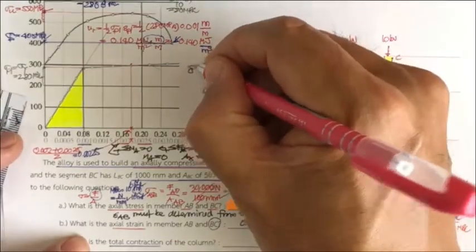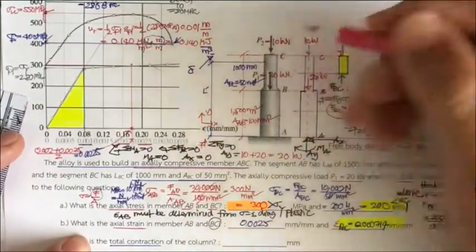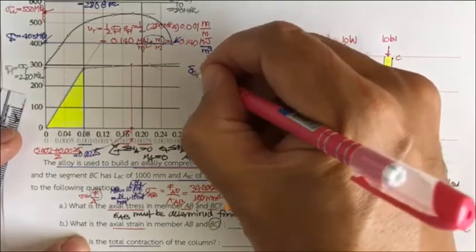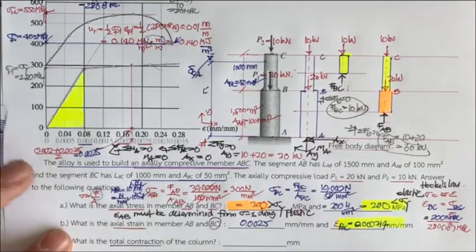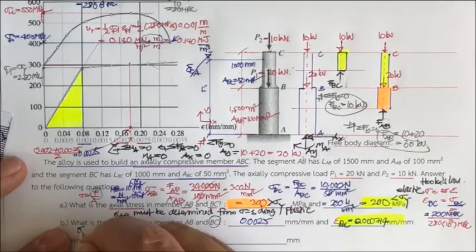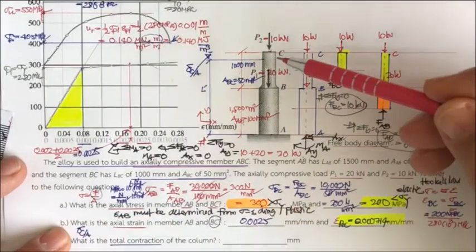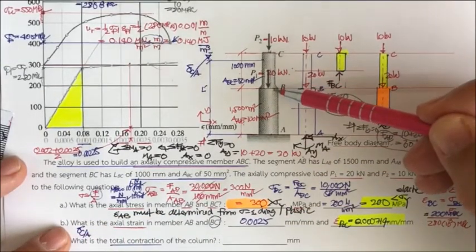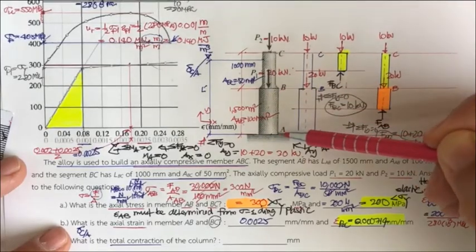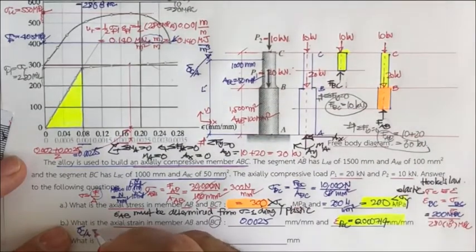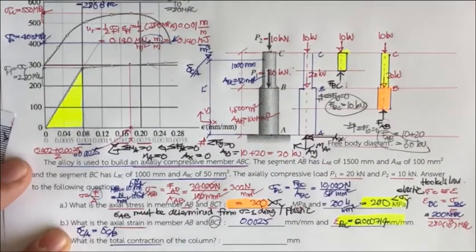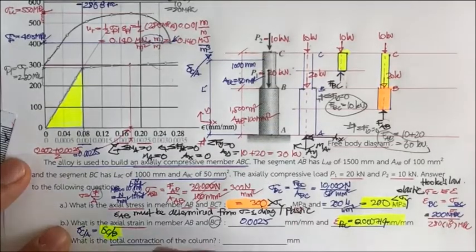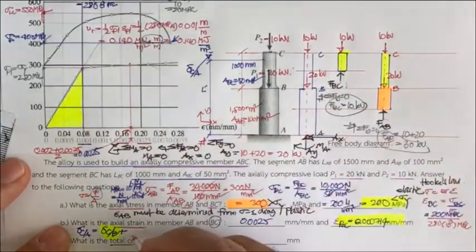Let me call this one delta of this point C with respect to A, delta C/A. Delta C/A is going to include the shortening of CB and the shortening of AB, so it's going to equal delta C/B plus delta B/A.